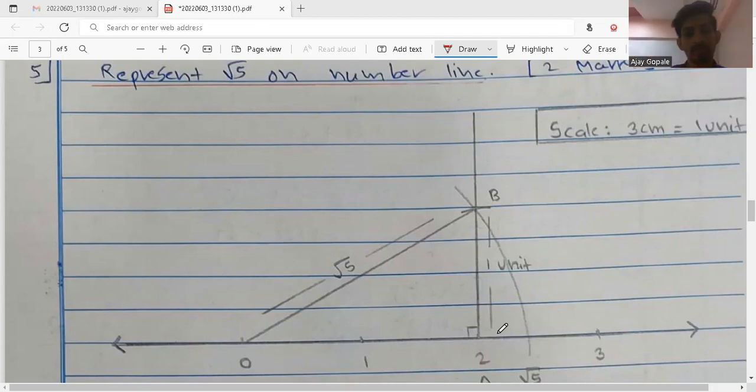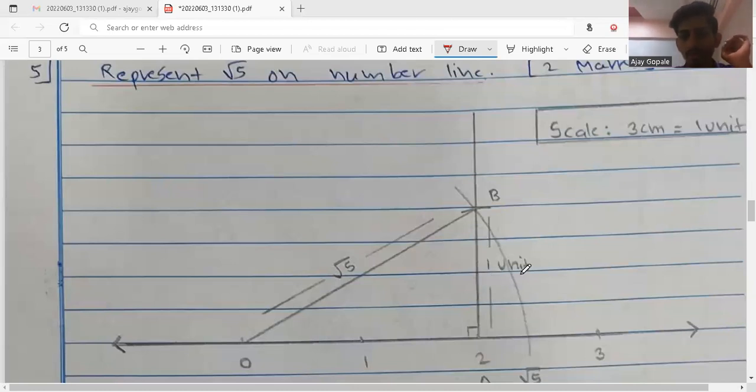Then we have connected O and B using scale and pencil. After that we have taken rounder. By keeping needle at point O, we have measured the distance of OB and then we have marked an arc of this point O to B. The arc which intersect the number line, that point of intersection will be called as root 5.